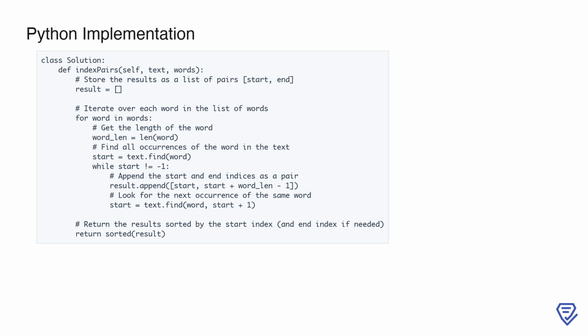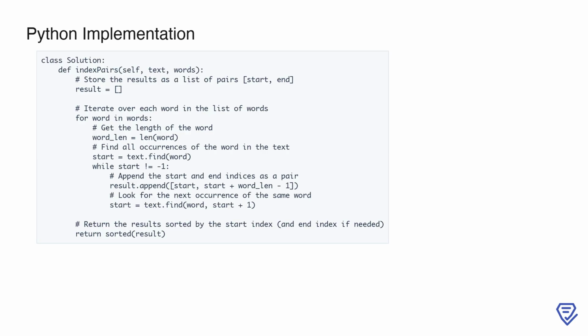4. Sorting results. Once all words have been processed, the result list may contain pairs in an unsorted order. To ensure the output meets the problem's requirements, the function sorts the result list by the starting index, and by the ending index if two pairs share the same start. 5. Returning the result. Finally, the sorted result list is returned.